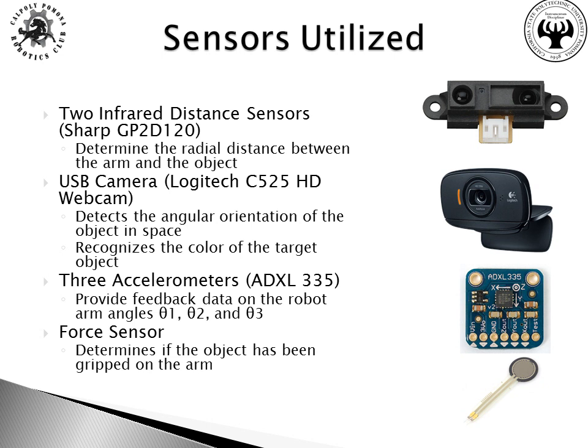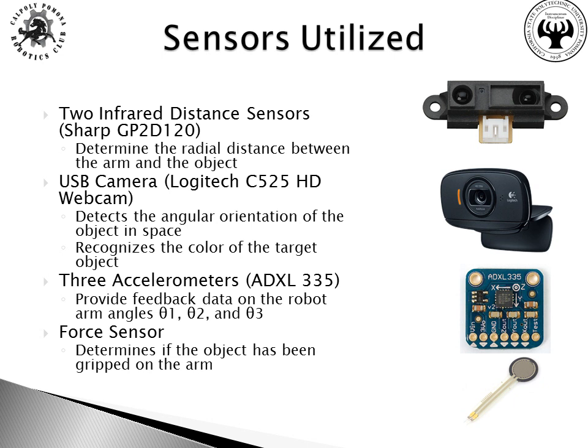In order to ensure that the robotic arm control system functioned properly, it was of immense importance that the proper sensors were used for the job. In this case, Sharp IR distance sensors were used to determine the radial distance between the arm and the object. A USB webcam was used to determine the color of the object and the angular orientation of the object in space.